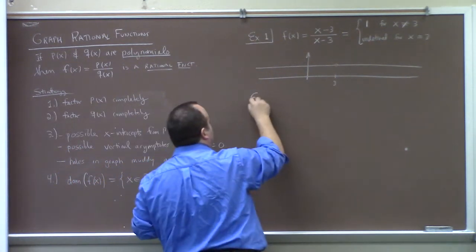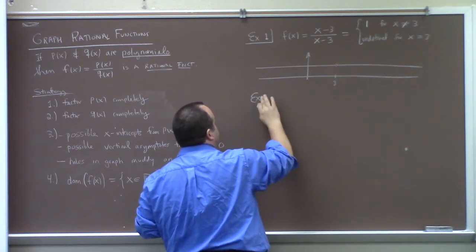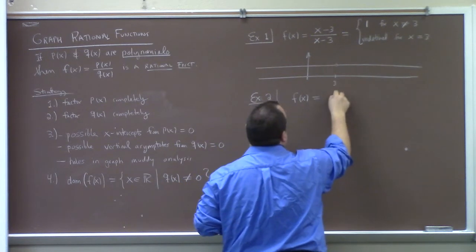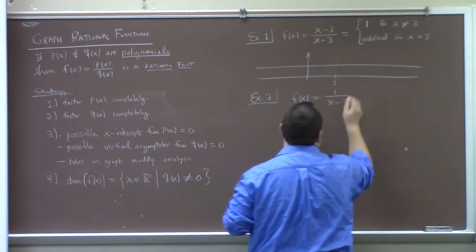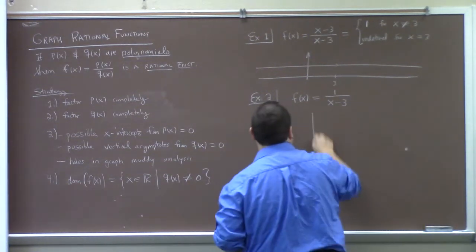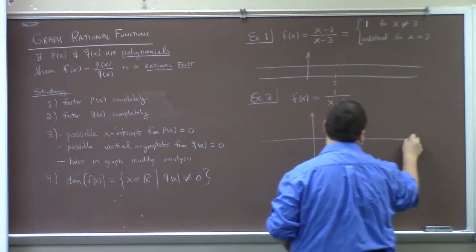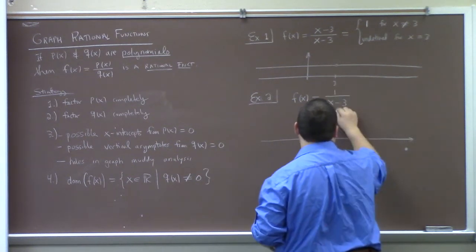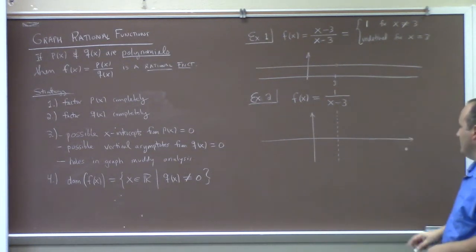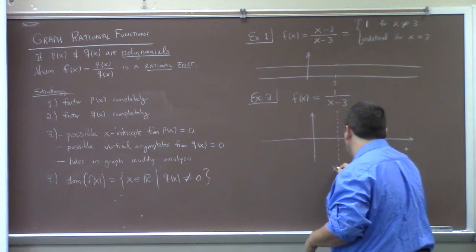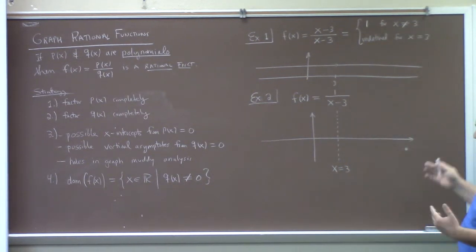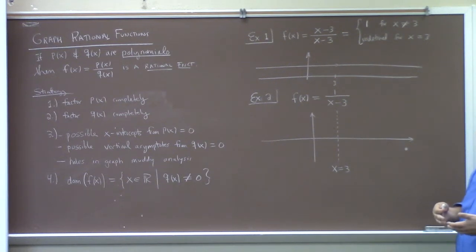Example 2, if we look at f of x equal to 1 over x minus 3, then what's that look like? If you think about x equals 3, that's called the vertical asymptote here, because the function gets closer and closer to that as you get close to it, but never quite gets to it.